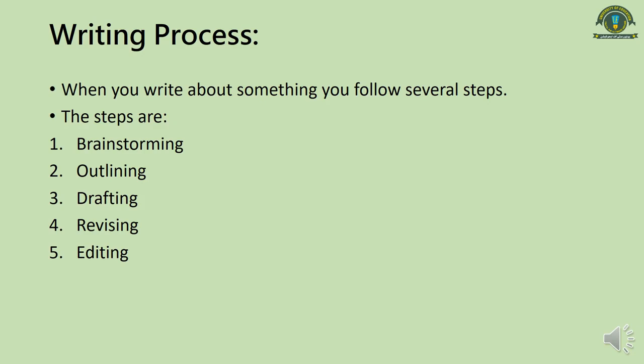We are mistaken because we just start writing as soon as we get the topic. We do not think about it. So these steps should be taken care of. We need to be working on these steps before submitting the final draft of the paragraph writing or any piece of writing that we are writing.